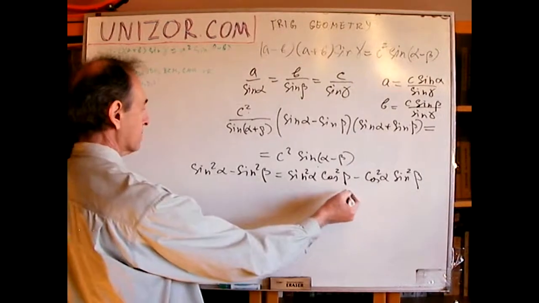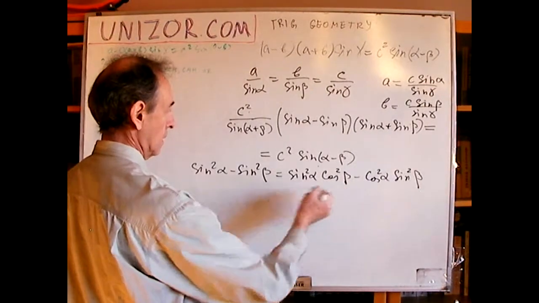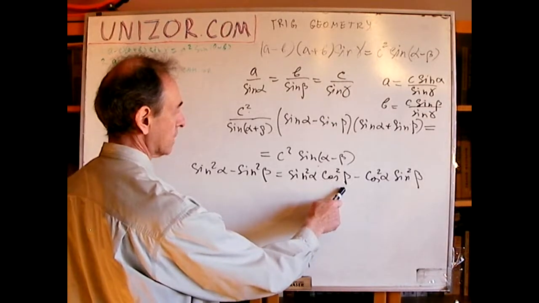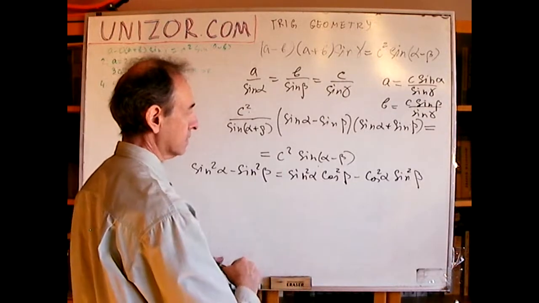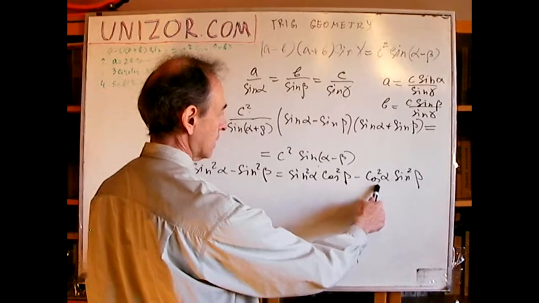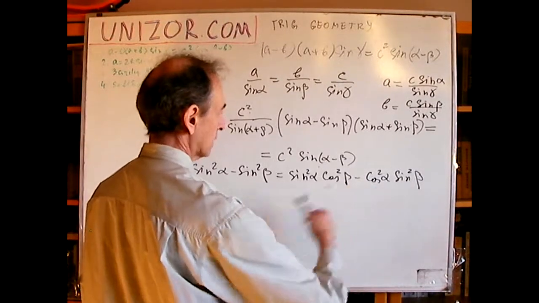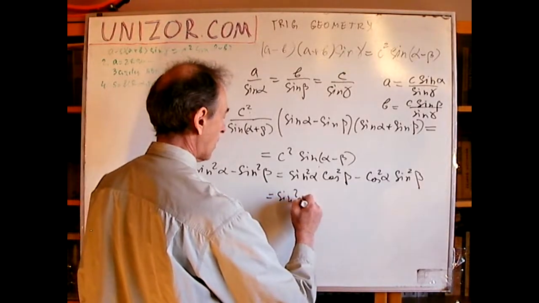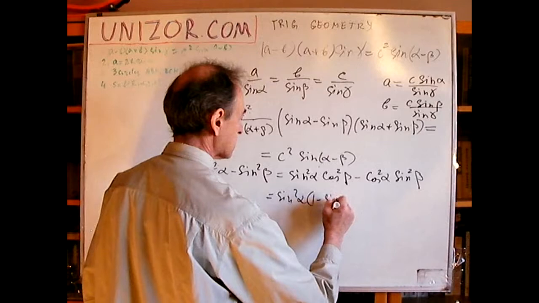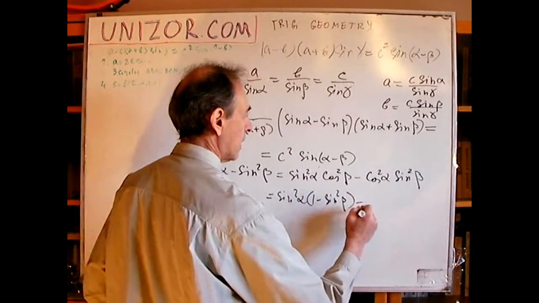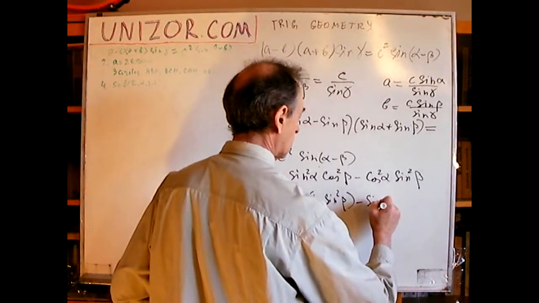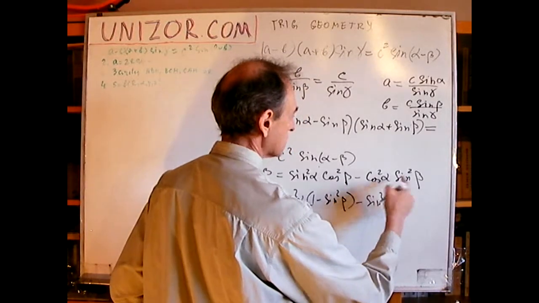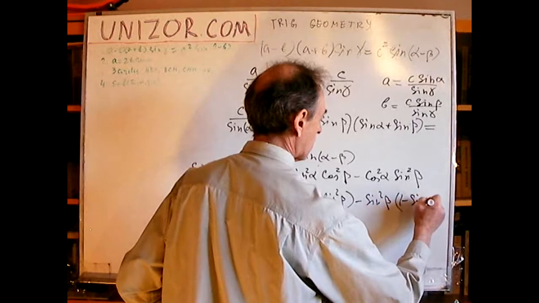Well, obviously I have to replace cosine square beta with 1 minus sine square beta, and cosine square alpha with 1 minus sine square alpha. So I will have on the right sine square alpha times 1 minus sine square beta, minus sine square beta times 1 minus sine square alpha.